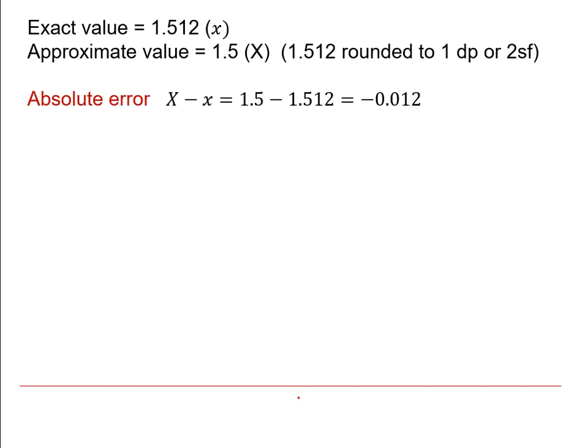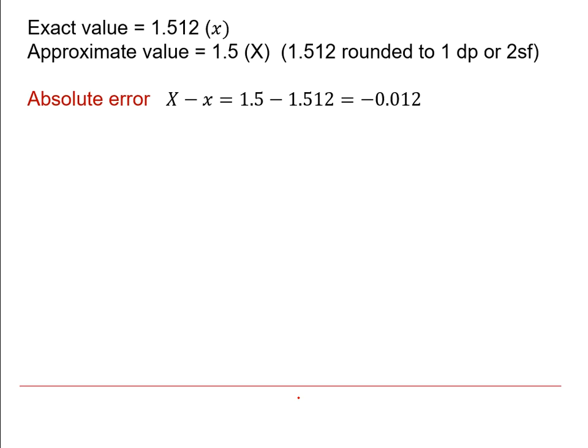Now we define the absolute error as being the approximate value minus the exact value, and that could be either positive or negative. And a word of warning on the notation here, because you may be aware that in mathematics generally there are two different uses of the word absolute. In the sense that's intended here, we're saying absolute error as opposed to relative error, which we'll be defining very shortly.